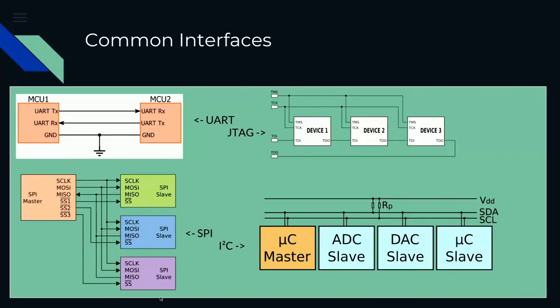It's also good to have a notion of what kind of bus protocols you might expect. For instance, UART usually uses only 3 pins. JTAG is used to program devices. You usually have 4 pins and a chained kind of bus. With SPI, you have a master, usually the microcontroller, and a lot of slave devices that you communicate with, and so on. There are many more kinds of signals.